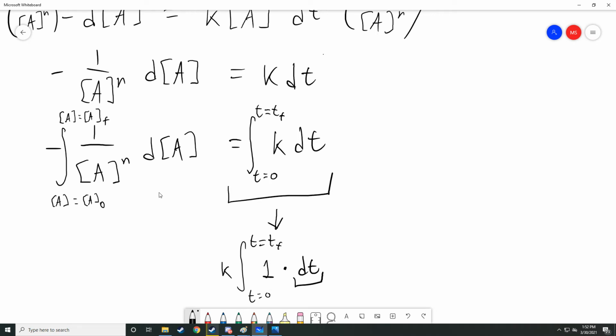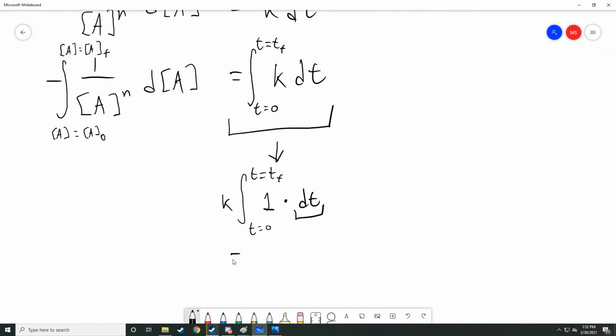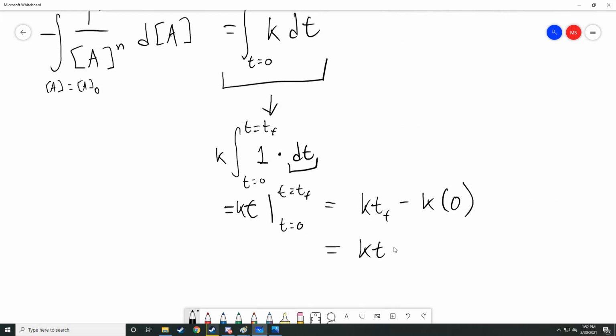So therefore, the integral is equal to just kt, evaluated at t equals 0 and t equals t sub f, which is equal to k t sub f minus k times 0, which is equal to k t sub f. So this is the right-hand side of the integral evaluated. And this is the same thing that Chris Joe did in his lecture.